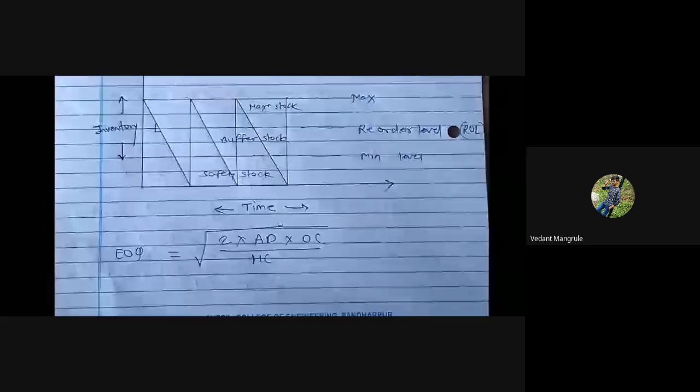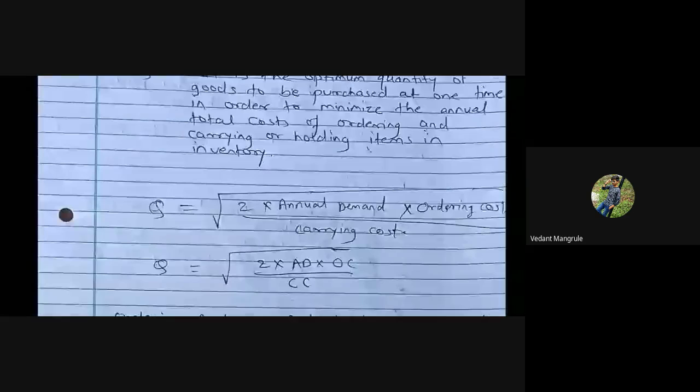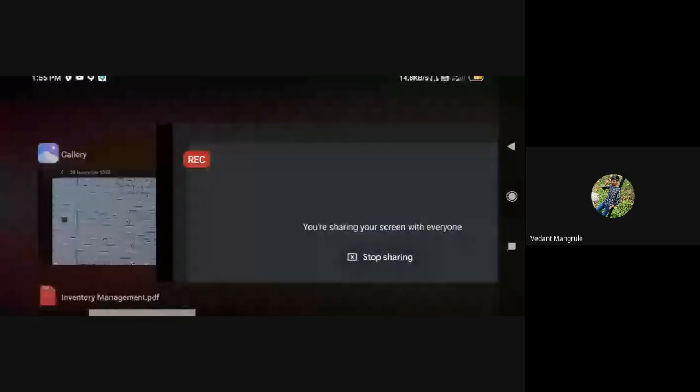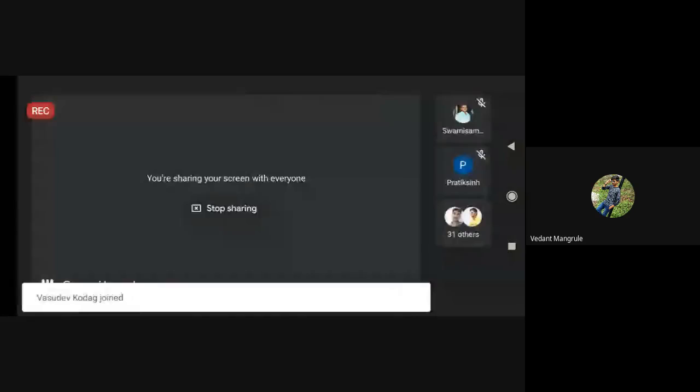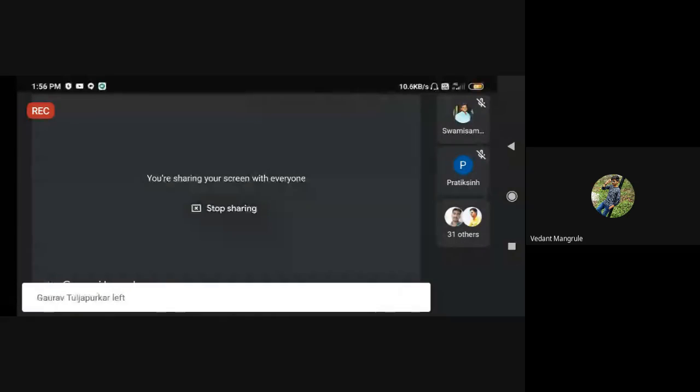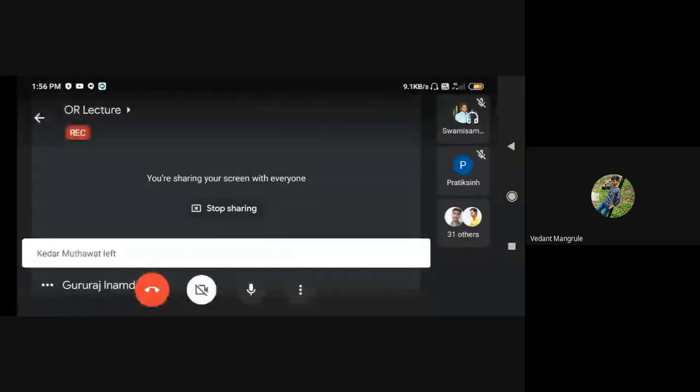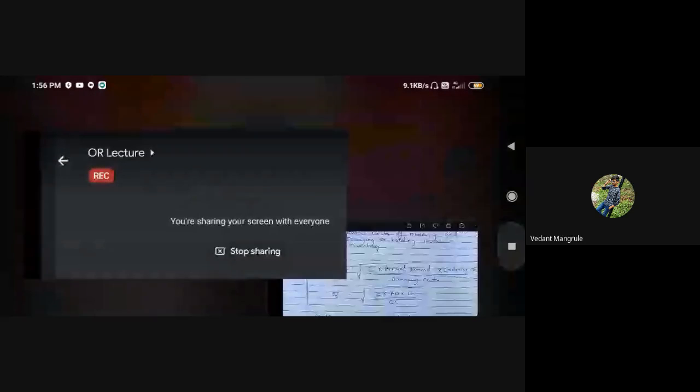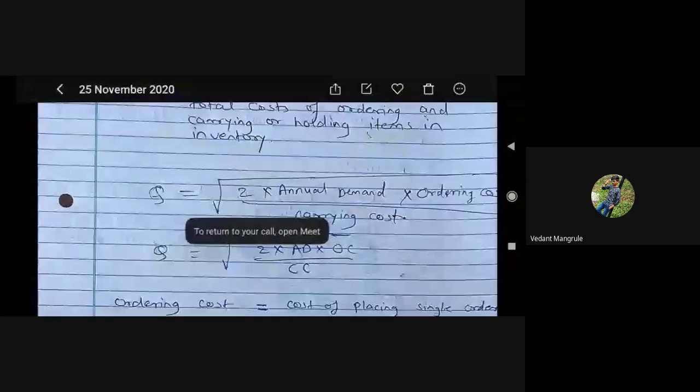Economic order quantity is equal to this, so you should write down this formula. We will start the problem also. Economic order quantity is denoted by Q.